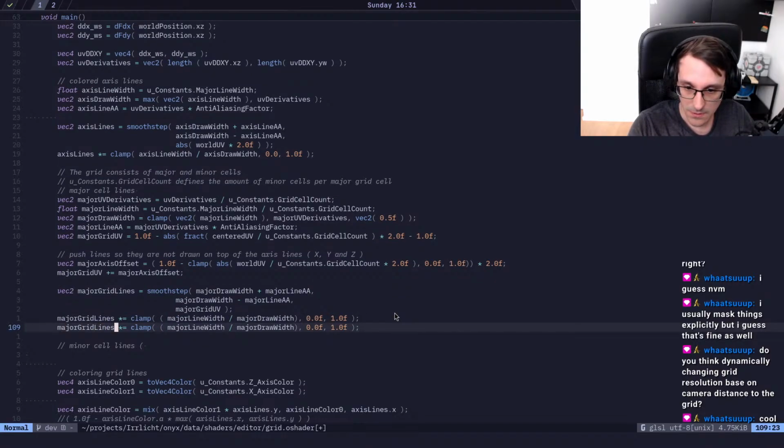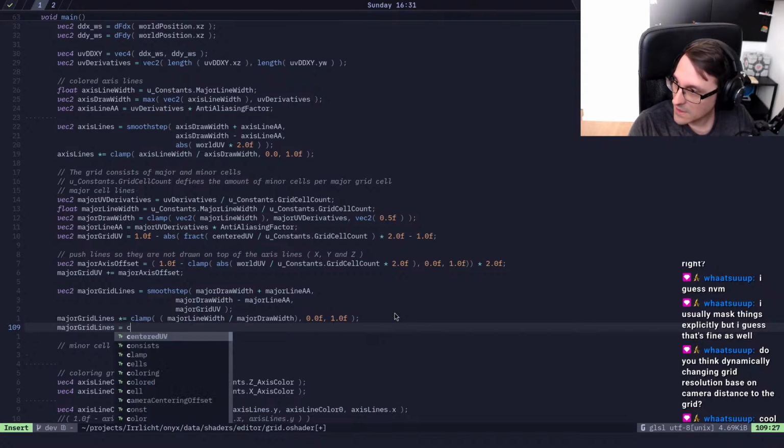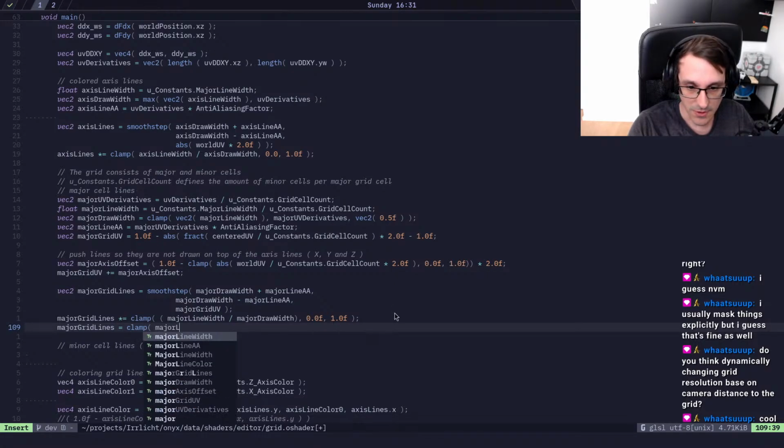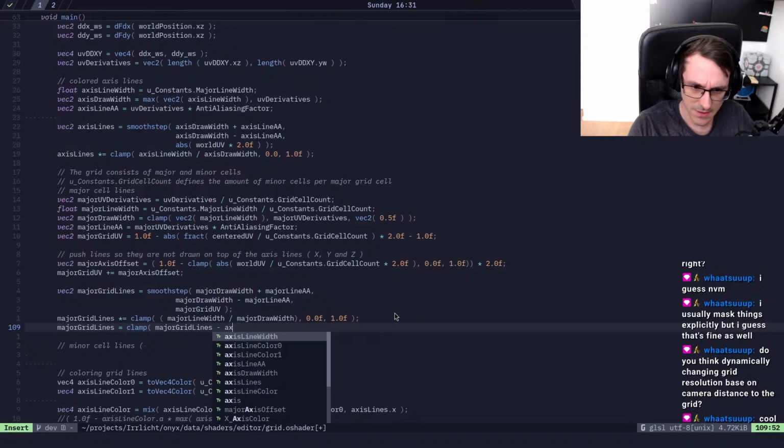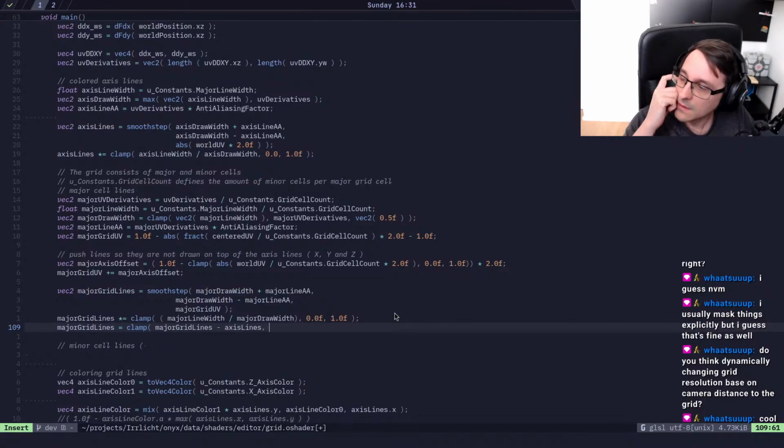And then we do that, and that is equal here. And clamp again in our major grid lines minus our axis lines between 0 and 1.